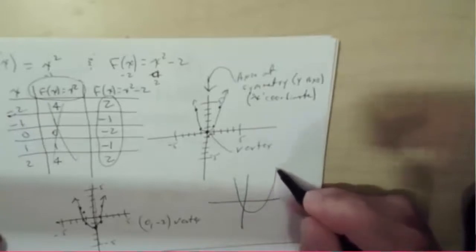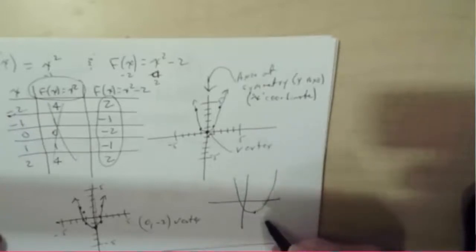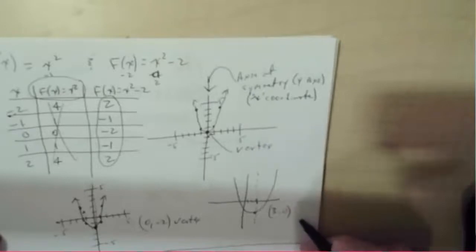So in other words, if our parabola looked like this, the vertex would be here, the axis of symmetry would be here, which is roughly 1, 2, 3. So the axis of symmetry on this one would be 3, 0, or 3, y.